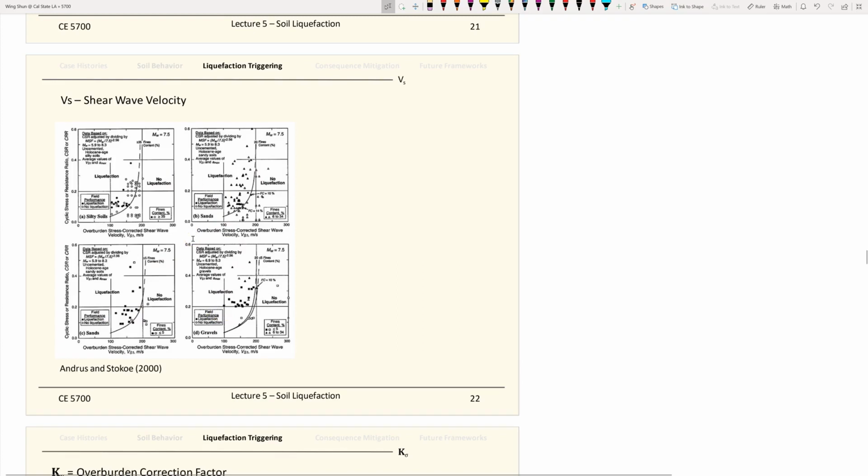Those are the shear wave velocity curves, which are less common in practice. One of the main reasons is that it's not cheap. You get shear wave velocity measurements by running those cross-hole or down-hole tests. It's more commonly available for those SPT and CPT investigations.